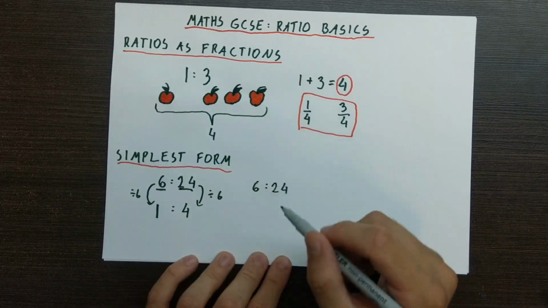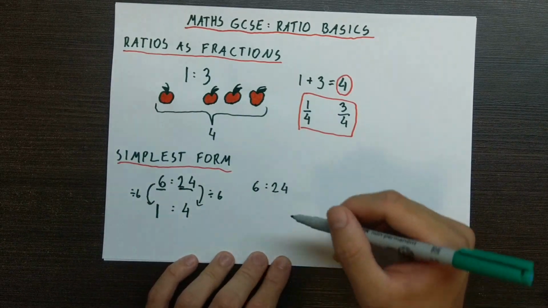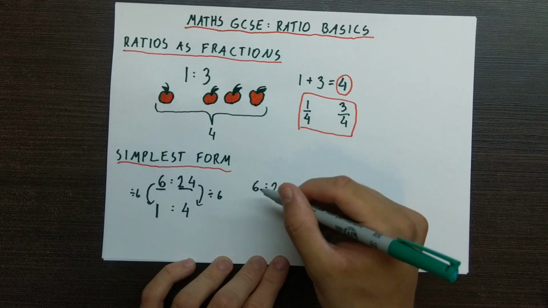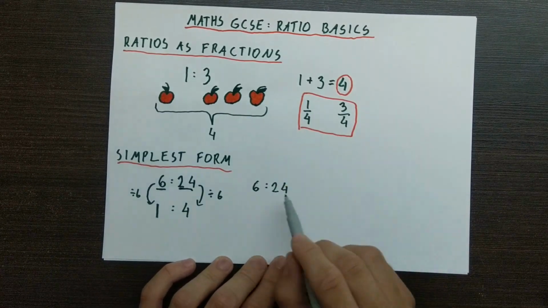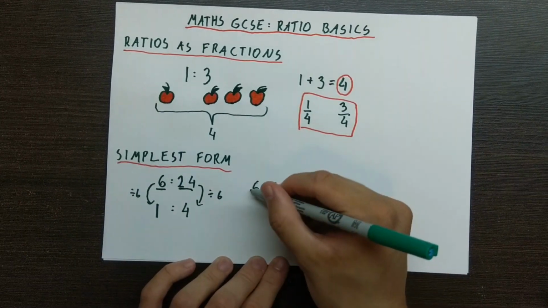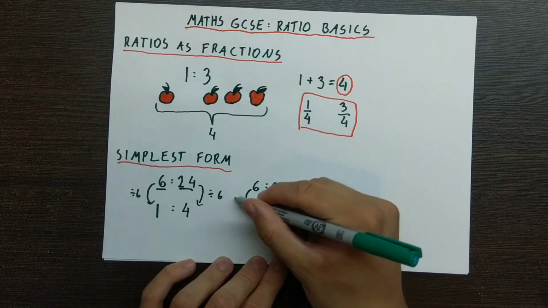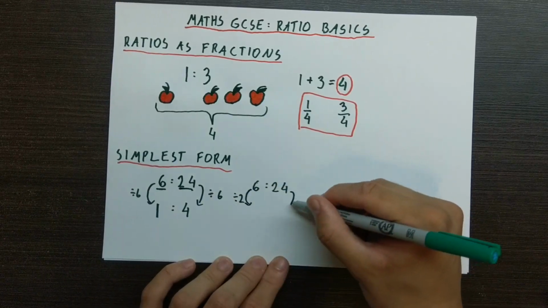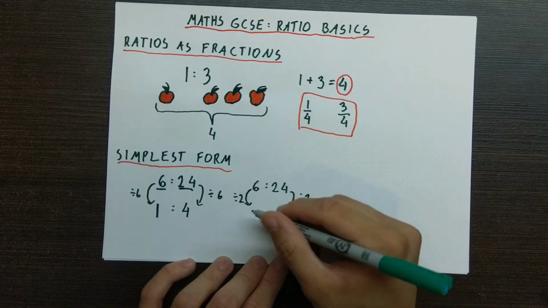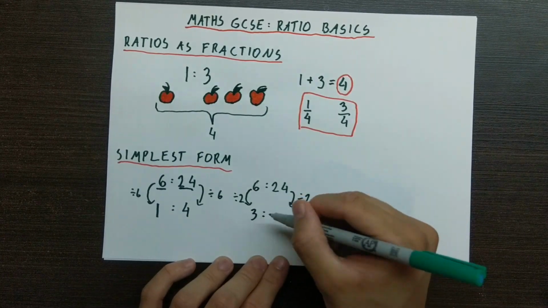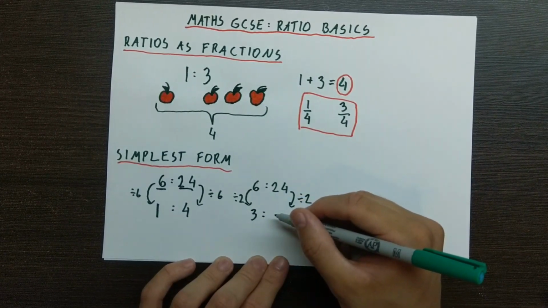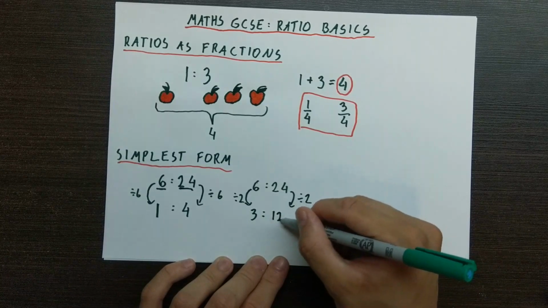So what we can do is we can take baby steps. That's what I like to call it. So let's see. Okay, so we can divide both of these by 2, right? So let's do that. We divide both sides by 2, like so. And that will give us 3 to 12, wouldn't it? Yeah, it will give us 3 to 12.